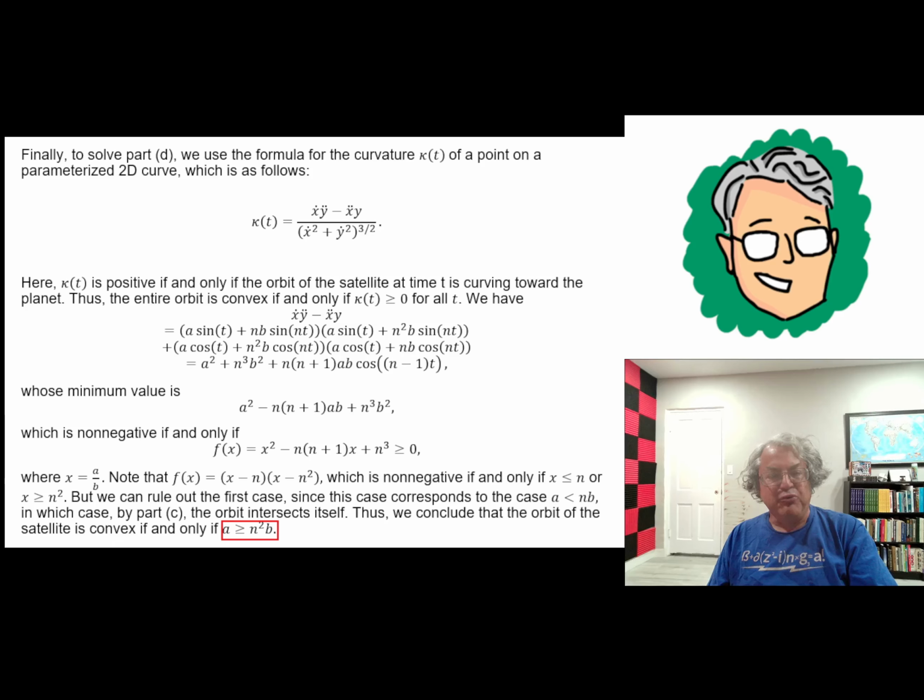And that was the case where the orbit intersects itself, and we're not interested in that case. So we can throw that one out. And then we conclude that x has to be greater than or equal to n squared. Remember that x was a over b, so that means that a is greater than or equal to n squared b. So that's a necessary and sufficient condition for the orbit to be convex.